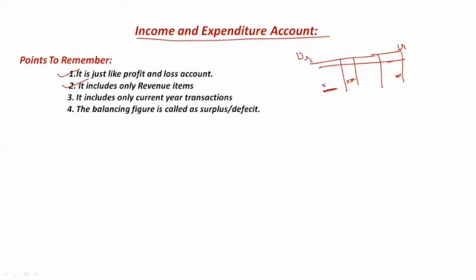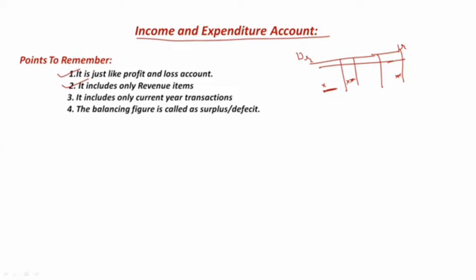Suppose you are purchasing a machinery. You will not purchase machinery every day or every month, very frequently. So that is my capital item. I have to spend money for purchasing machinery, so it is my capital expenditure, the expenditure which does not occur again and again.